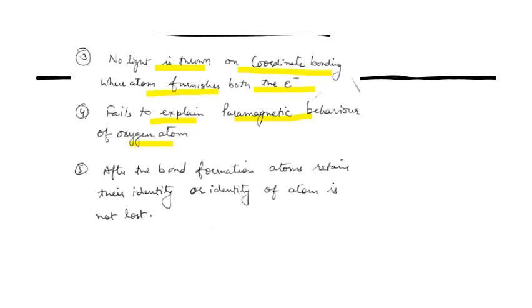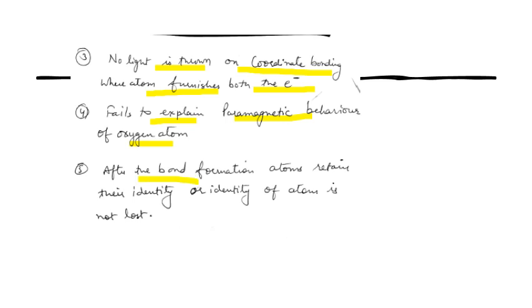If it is paired, it should be diamagnetic. According to the VBT, oxygen should be diamagnetic, because the valence electrons participate and get paired by overlapping. But oxygen does not show diamagnetic behavior. It has paramagnetic behavior, which becomes a limitation.